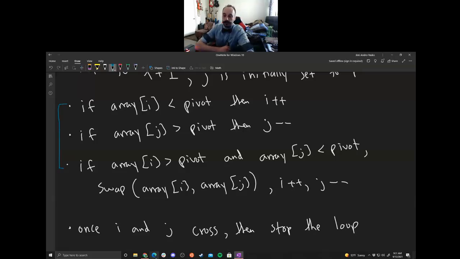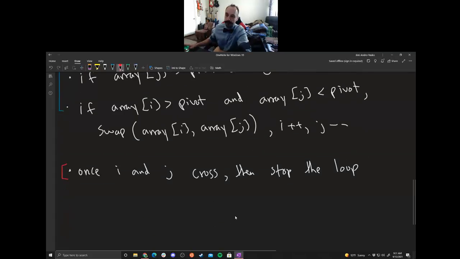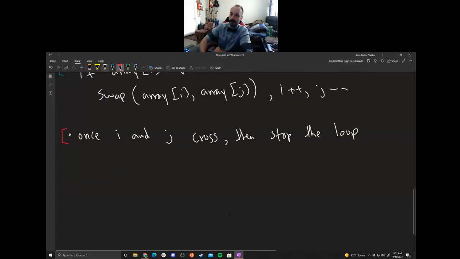Once this last condition is true, that means we're going to stop looping. That means we successfully partitioned the list into two pieces. Because as the I's are moving, we're creating a list to the left of I that's constantly going to contain elements less than the pivot, and as j is moving, so I guess we can look at it like this, actually. So here's the best way to think about this image.